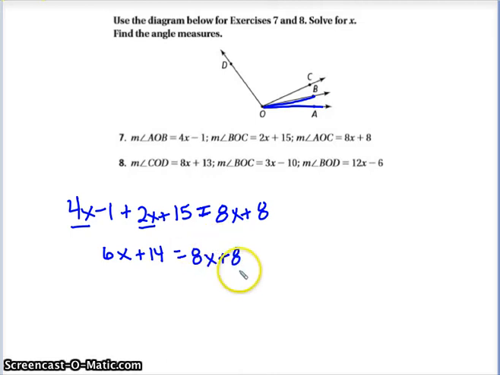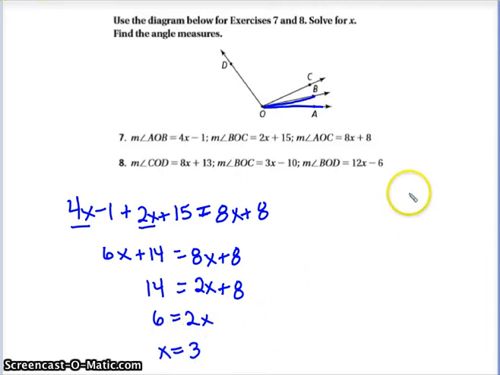Let's go ahead and subtract 6x from both sides. We get 2x over here. I'll subtract 8. We get 6. Divide both sides by 2. So x now equals 3. We were just asked to solve for x, so we don't need to go any further with that.